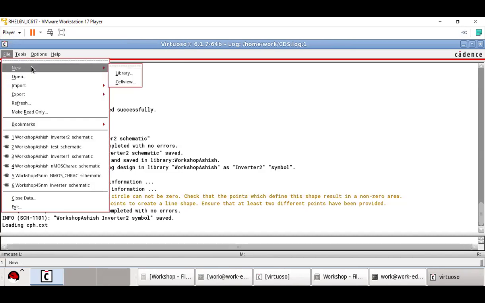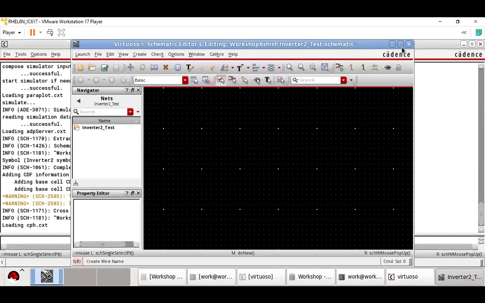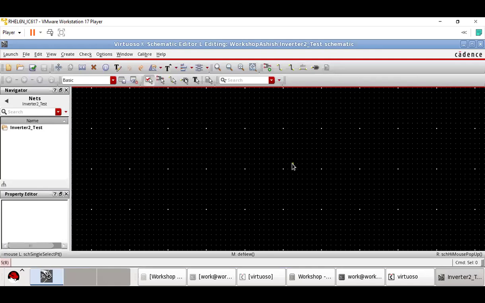So I'll make a new cell, inverter 2 test. I'm just making it for you to show how to use that symbol. Now you do not need to create the whole inverter again.